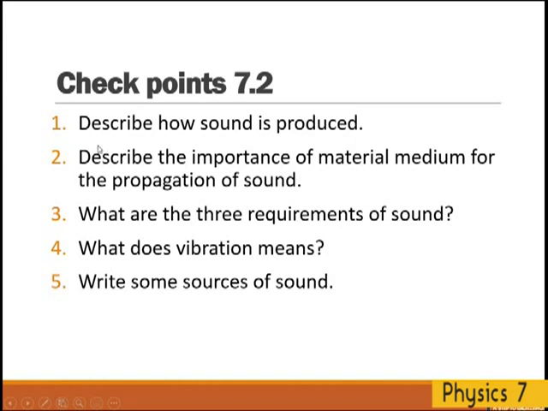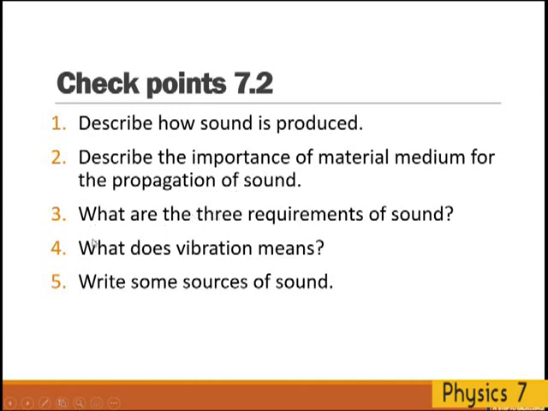The first one is: describe how sound is produced. The second checkpoint question is: describe the importance of the material in the medium for the propagation of sound. In other words, why is the type of material important in terms of whether or not sound is propagated through that medium?